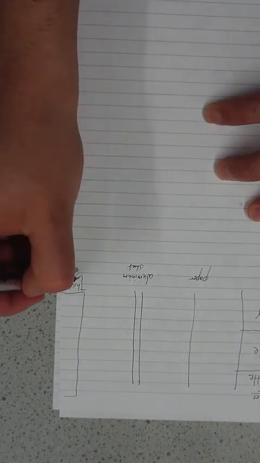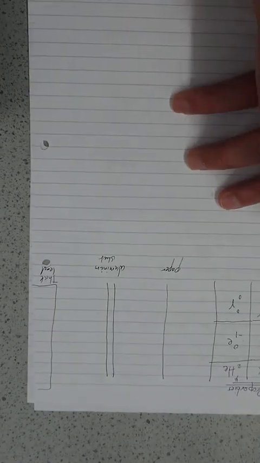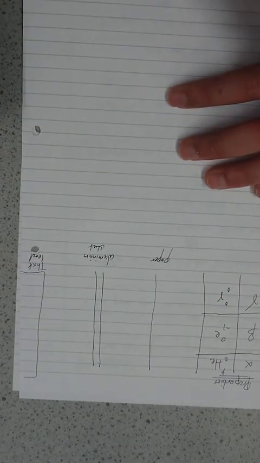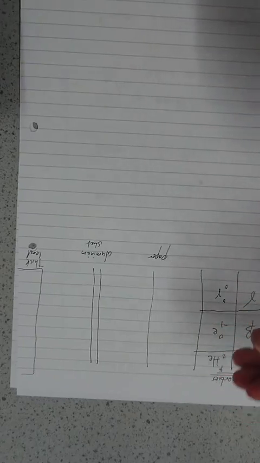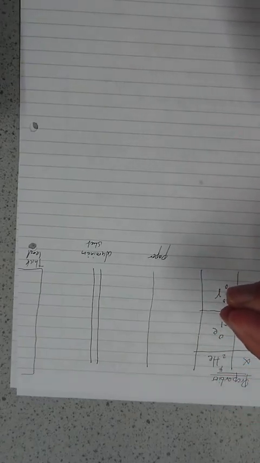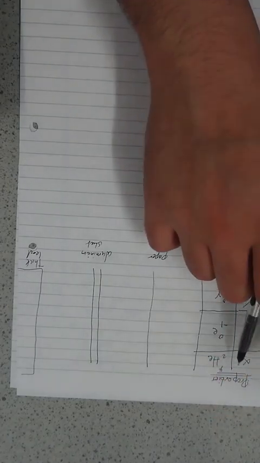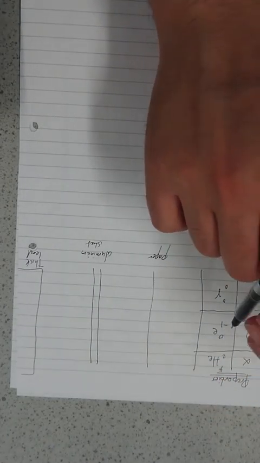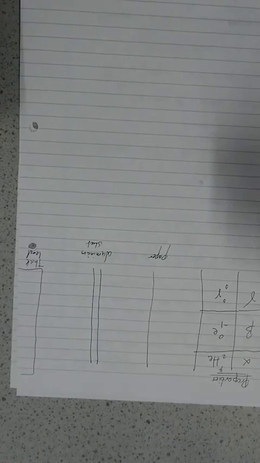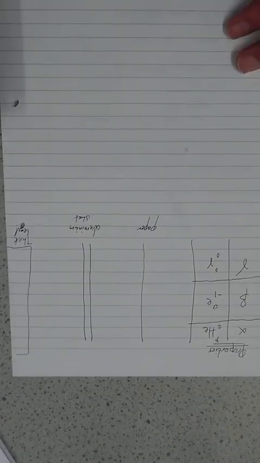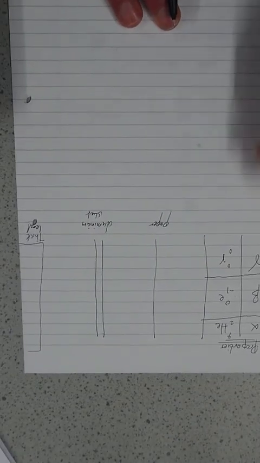Can you see? Lead. Let's see which of these three is going to pass through. So let's say I have an atom, sorry, I have a nucleus, and the nucleus gives off these three, alpha, beta, and gamma.